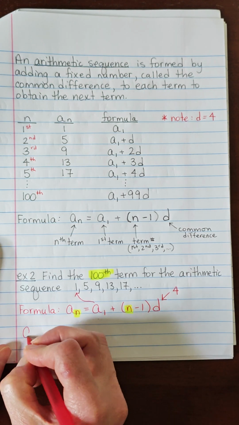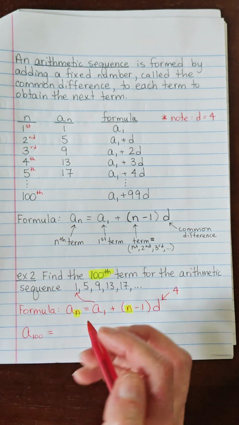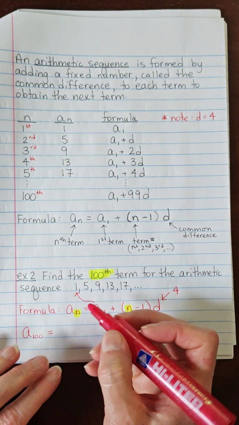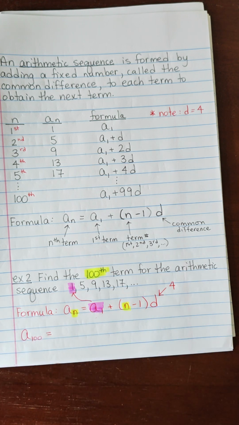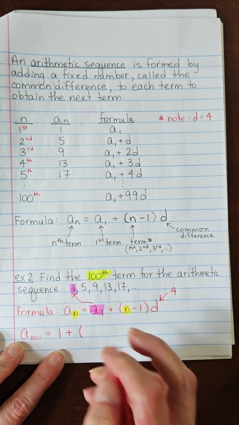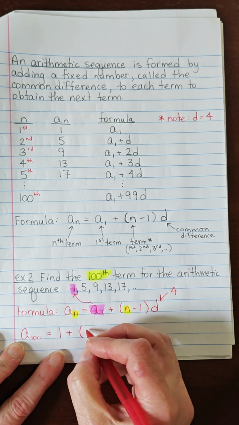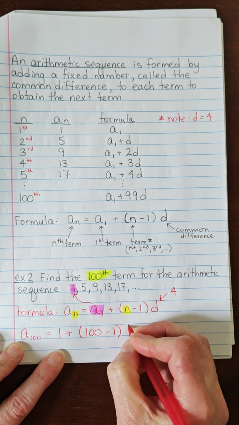Okay, so we get A sub 100 equals my first term, that first term right there is that 1, plus n, in this case, is 100, minus 1, times D, which is 4.